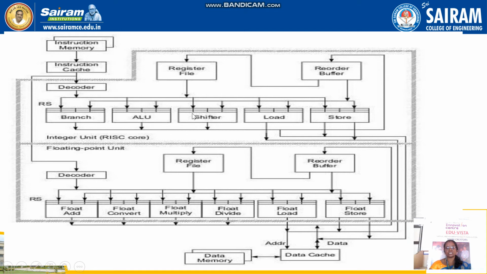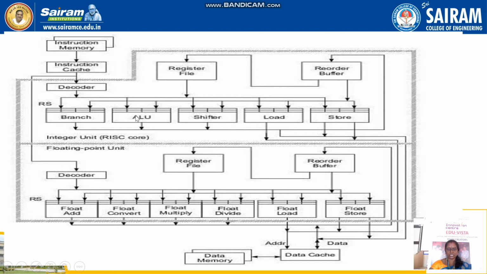Next is the typical architectural diagram of a superscalar processor. A superscalar processor has a large register file and reorder buffer. It consists of multiple functional units for processing independent operations.